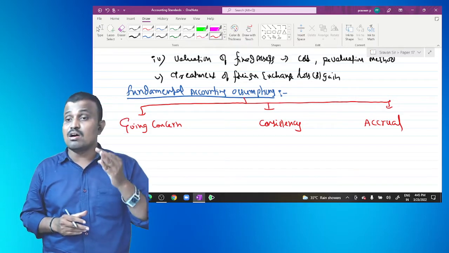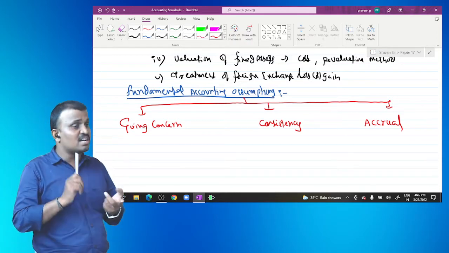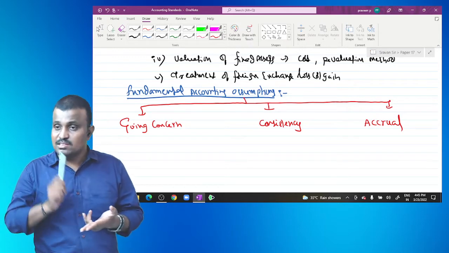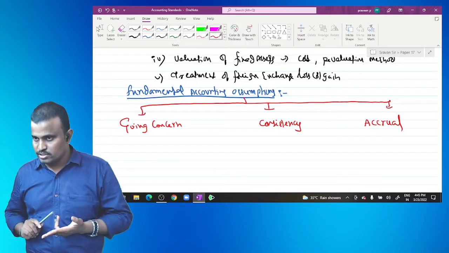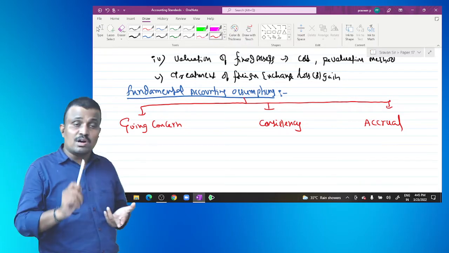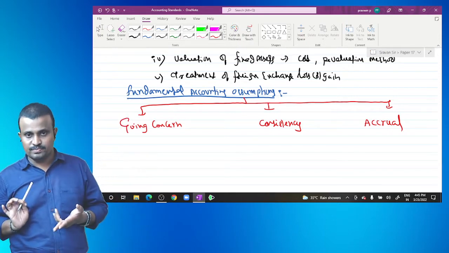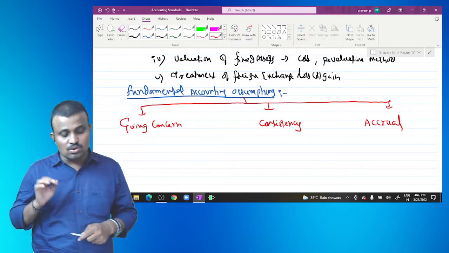At NRV, net realizable value. That means the business has no intention to continue in the nearby future, and the party wants to close the business. Okay, so this is what is meant by the going concern concept.